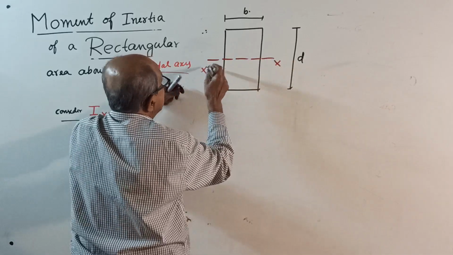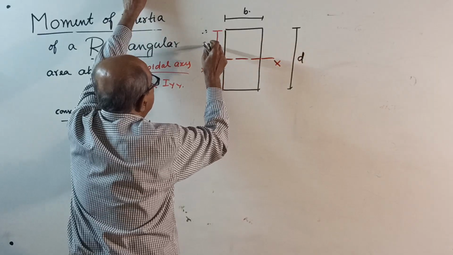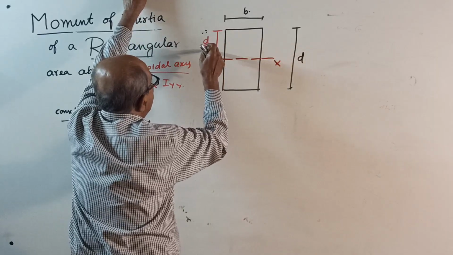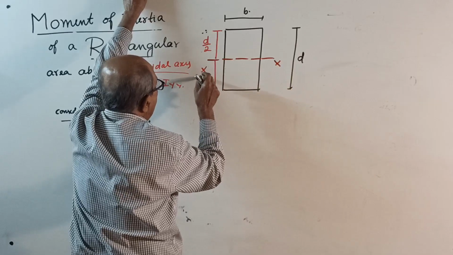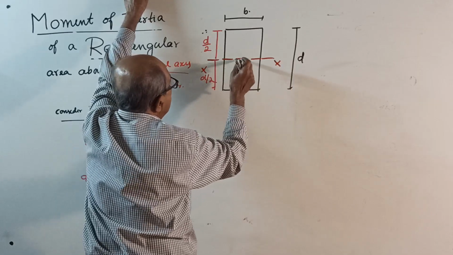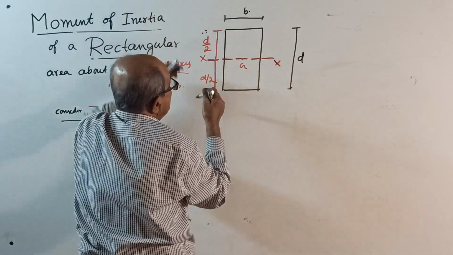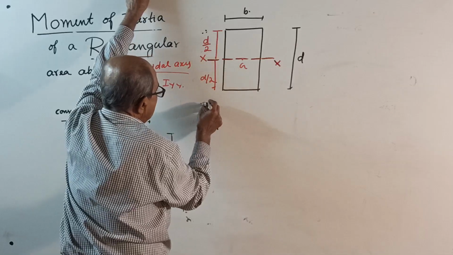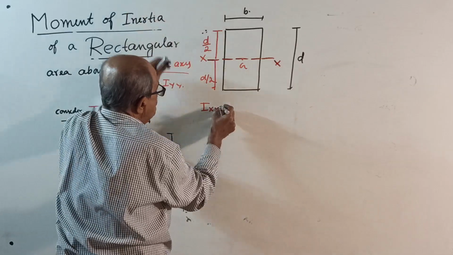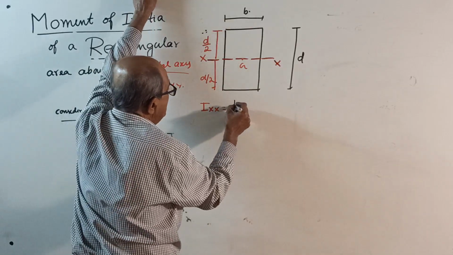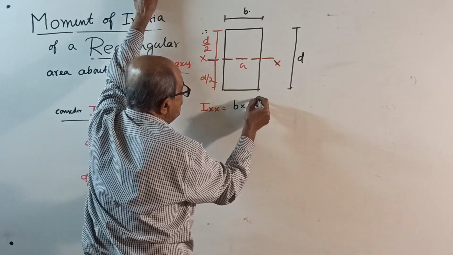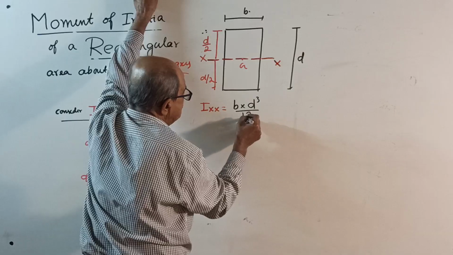This is d by 2 and d by 2. This is centroid G. The axis is xx axis. You can write Ixx equal to b into d cube divided by 12.